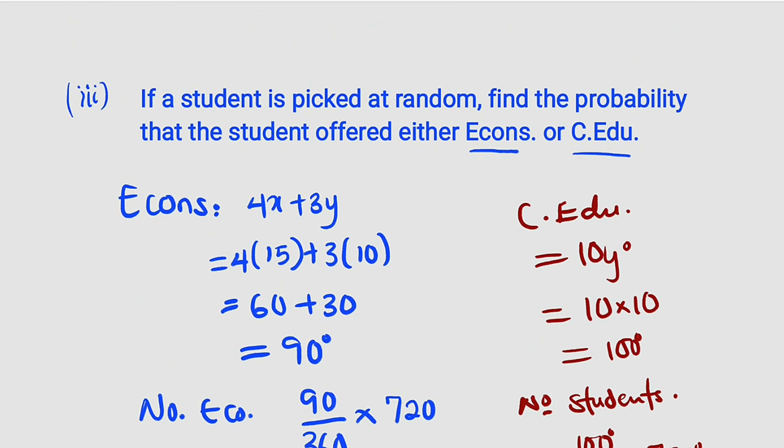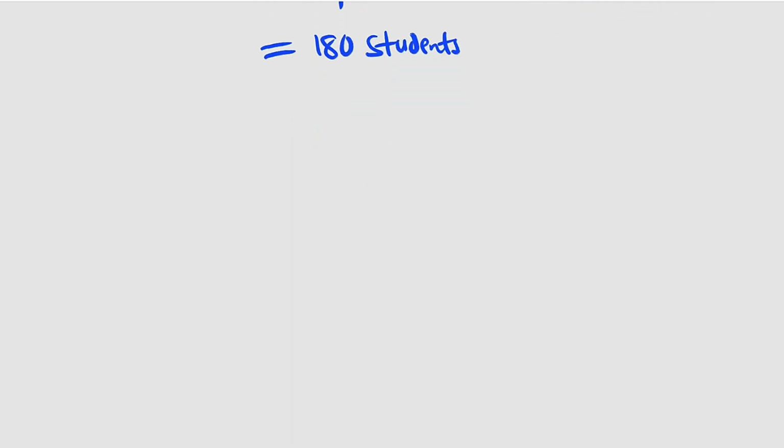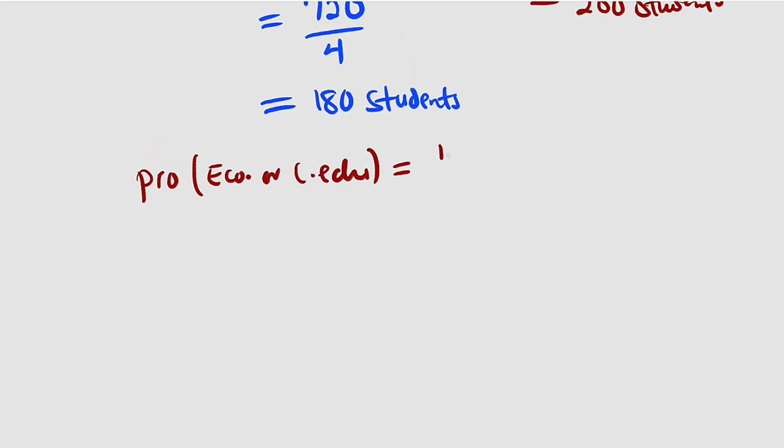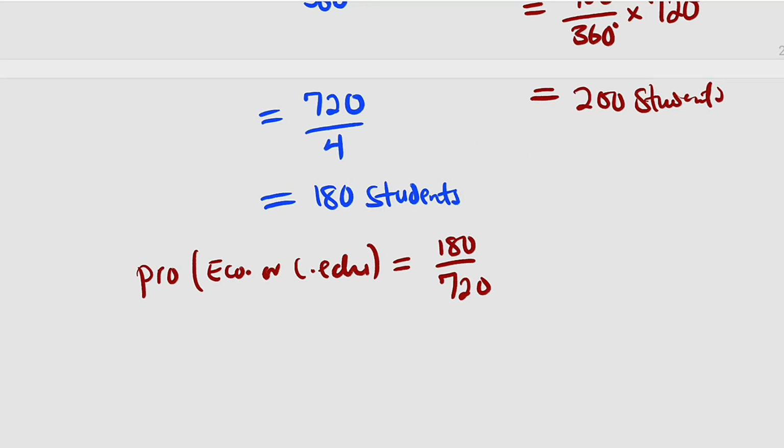But what the question is asking us is to find the probability that the student picked offered either economics or civic education. So the probability of economics or civic education will be equal to, for economics, 180 out of 720, then you add this to the number of students that offered civic education, 200 out of the total, 720.